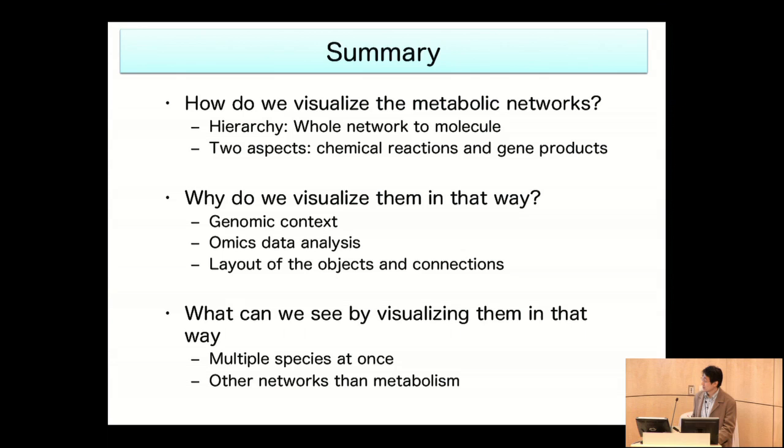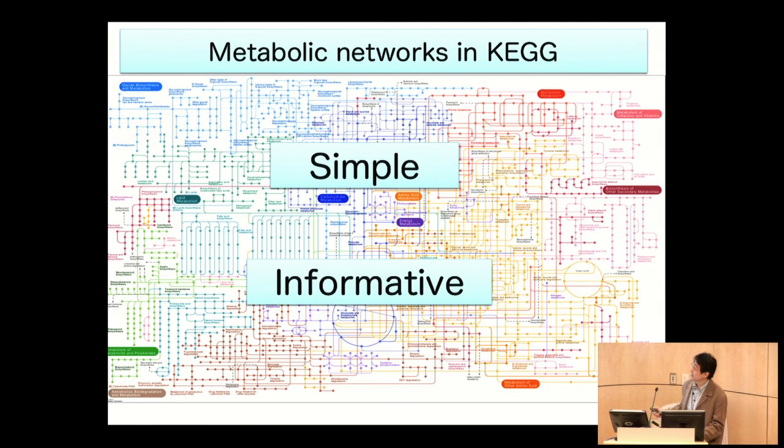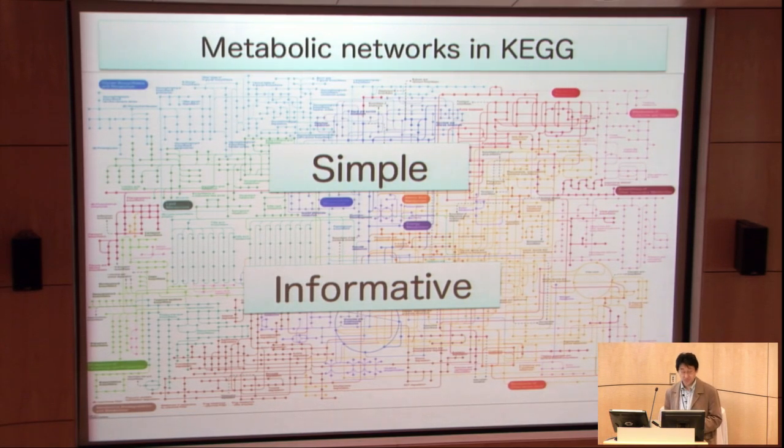So we define other networks, some metabolisms like protein-protein interactions or gene disease networks or developmental history of the drugs. But we keep our database as simple as possible, but still informative.